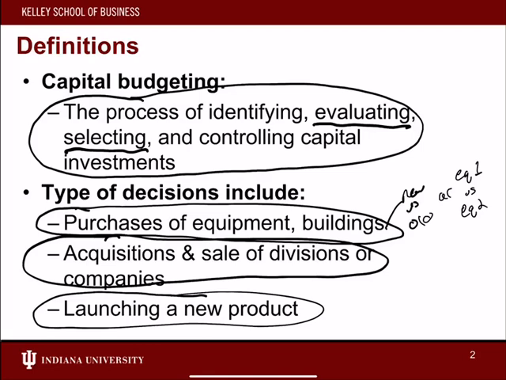You can estimate all the cash inflows and outflows for a new product and then decide, hey, is it worth us investing all this money into this new product, given this is what we think the end result's going to look like? So in general, capital budgeting is just like what it sounds like. It's deciding if we're going to spend our capital on some big project or investment and how we're going to budget for that.